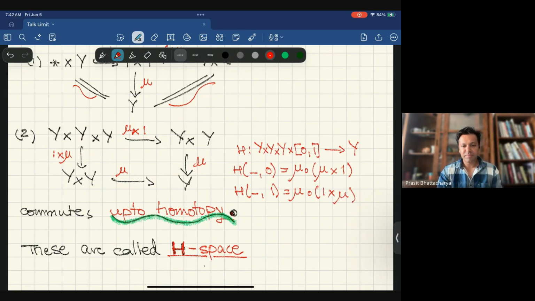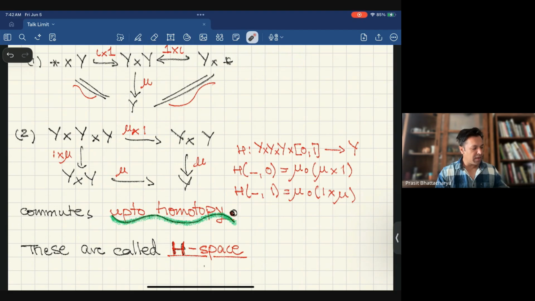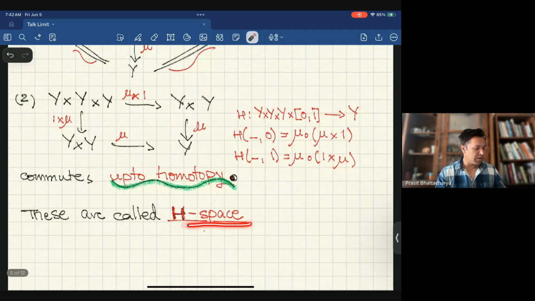So basically, over a period of time, you can deform this composition to that composition. And these kinds of spaces are called H spaces.